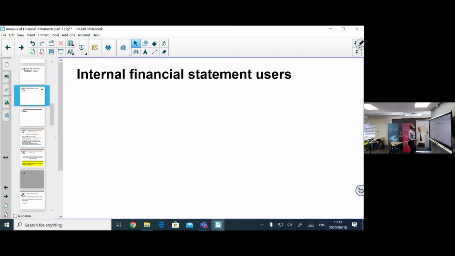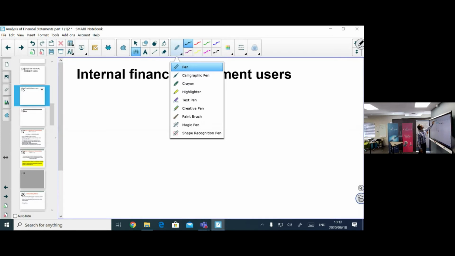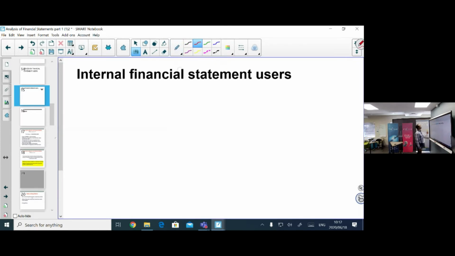The internal financial statement users, do you remember that? We spoke about them yesterday. Let's start. Number one, just to mention just a few.